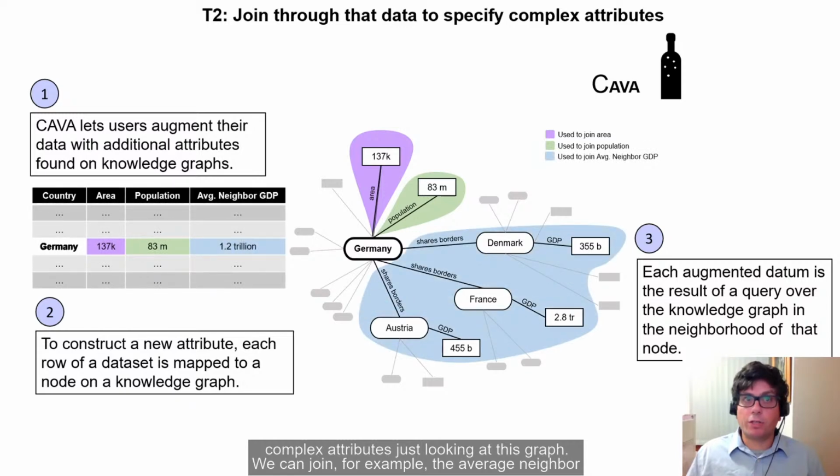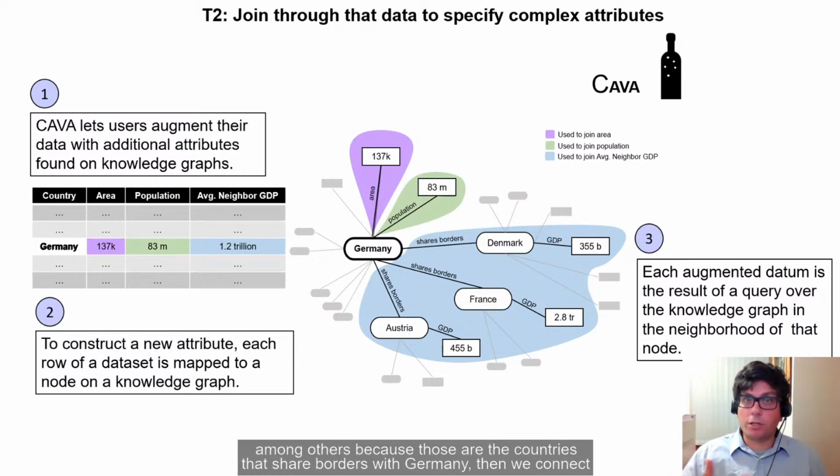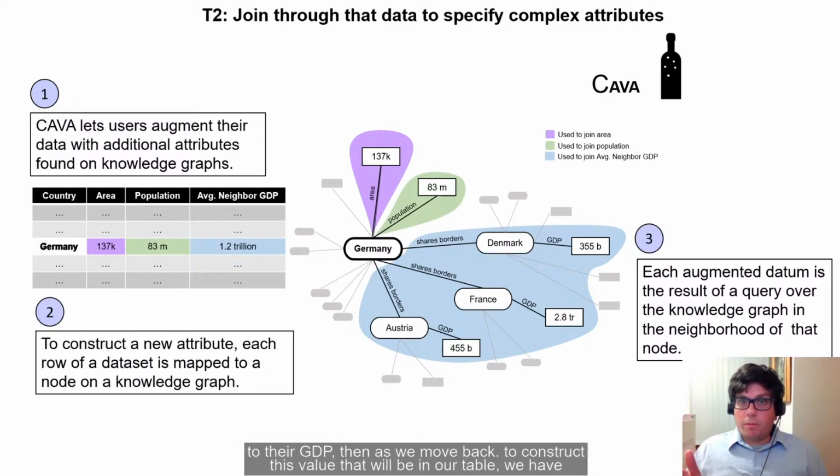So we can join, for example, the average neighbor GDP. And you can see to build this, we have to actually go through intermediate nodes. We have to connect to Denmark, France, and Austria, among others, because those are the countries that share borders with Germany. Then we connect to their GDP.